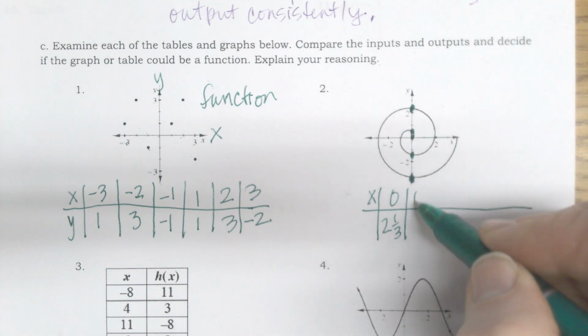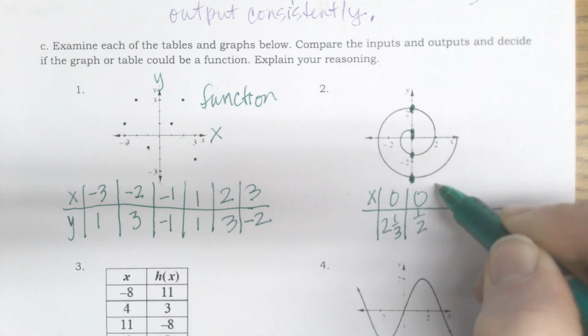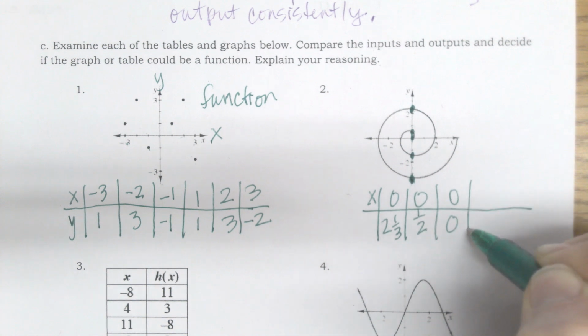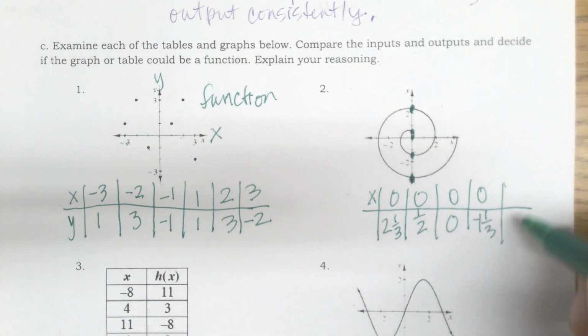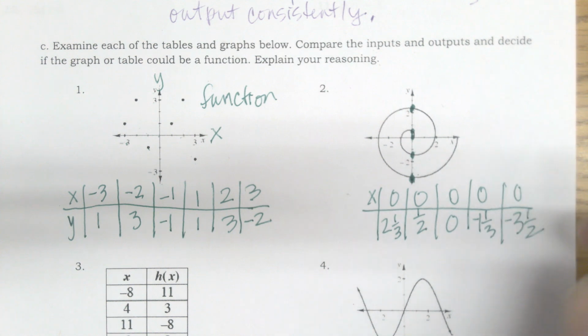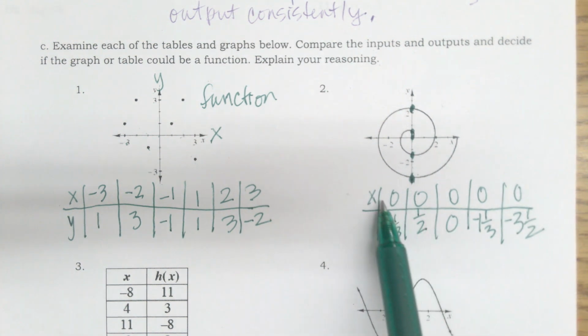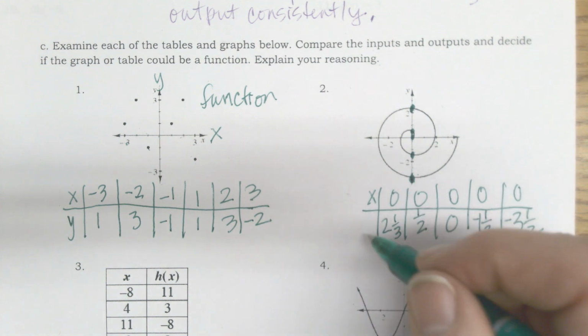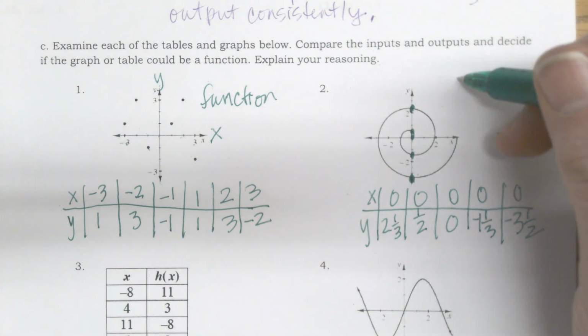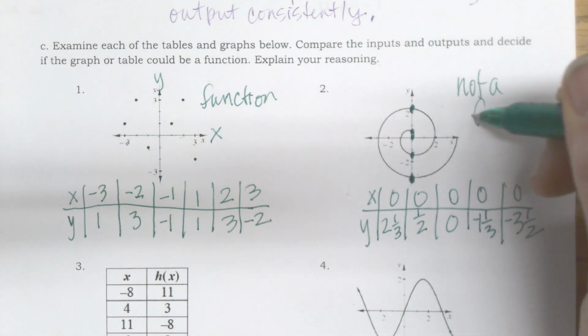I have 0 paired with 1/2. I have 0 paired with 0. I have 0 paired with negative 1 1/3-ish. I'm just approximating. I have 0 paired with negative 3 1/2 as well. 0 is repeated over and over again with different output values. And therefore I say this is not a function.